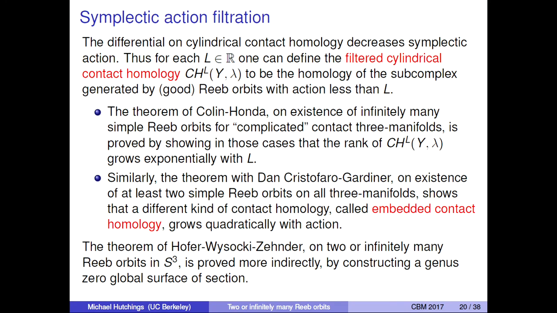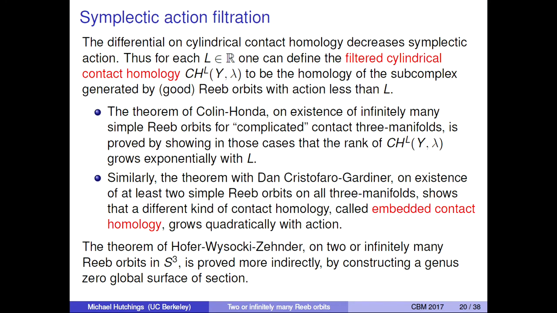So what Colin and Honda do is they show that in their situation, where they have these complicated three-manifolds, the rank of CH^L grows exponentially with L. And that really does imply that you have infinitely many Reeb orbits, because if you had only finitely many, the rank of this could grow at most polynomially in L. And similarly, the theorem with Dan Cristofaro-Gardiner that I stated before, showing that there are always at least two simple orbits, uses a different kind of contact homology called embedded contact homology, and shows that its rank grows quadratically in the action.